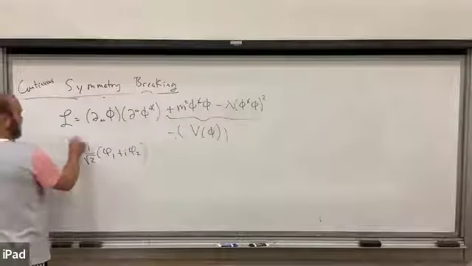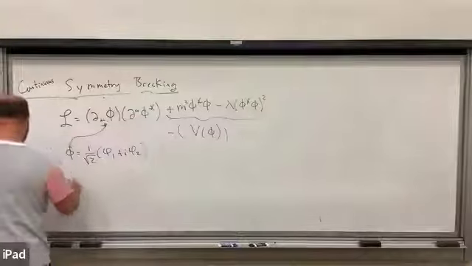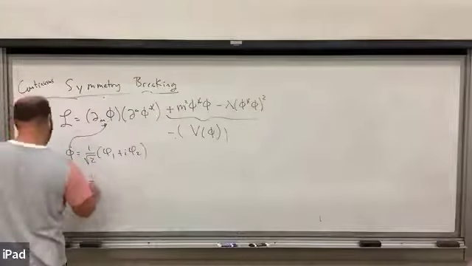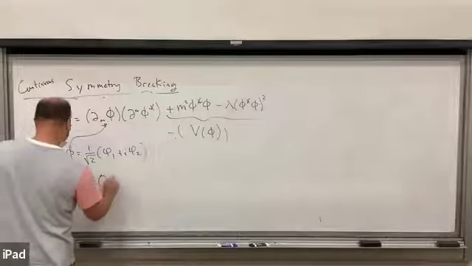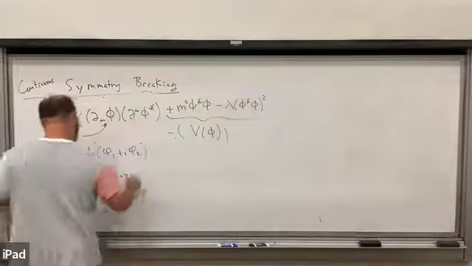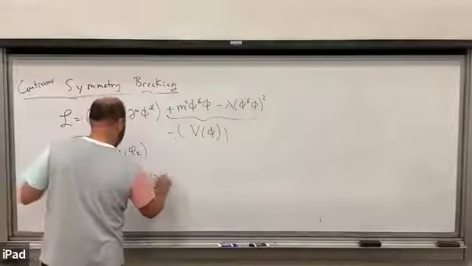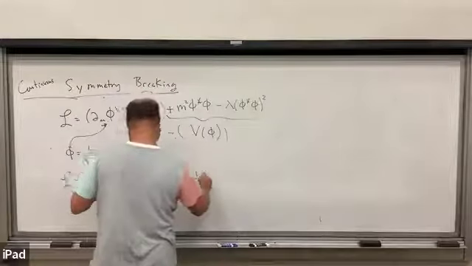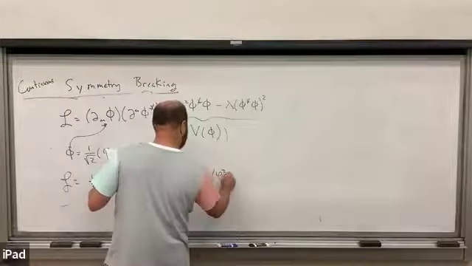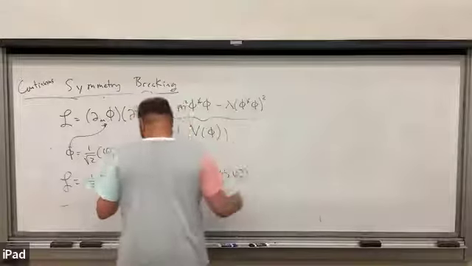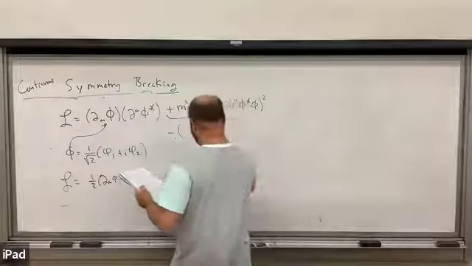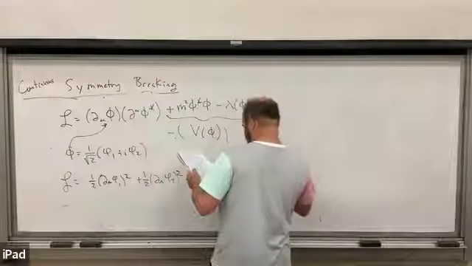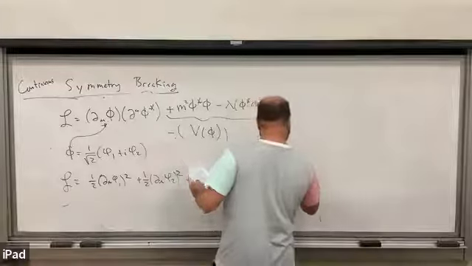If I take this and stick it in here, what am I going to get? This is something that's good to work out. I would get 1/2 d mu phi1 squared plus 1/2 d mu phi2 squared, minus 1/2 m squared (phi1 squared plus phi2 squared), and then plus minus lambda (phi1 squared plus phi2 squared) all squared.